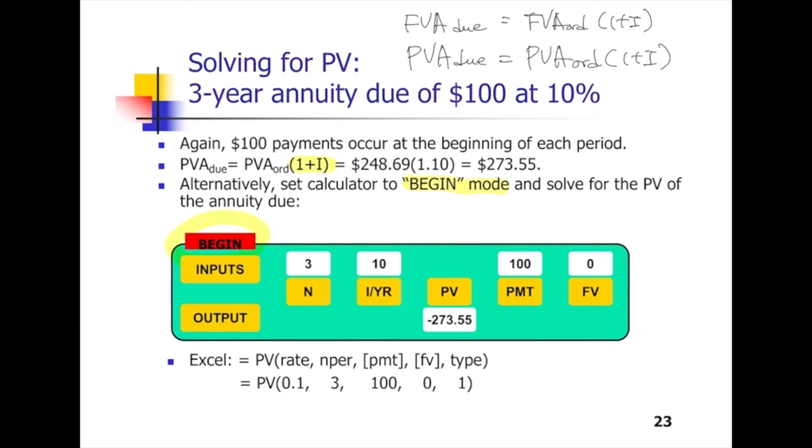And if you use Excel, as I mentioned before, just change to type 1. So input type 1, this function identifies this as annuity due, so it automatically generates the numbers.